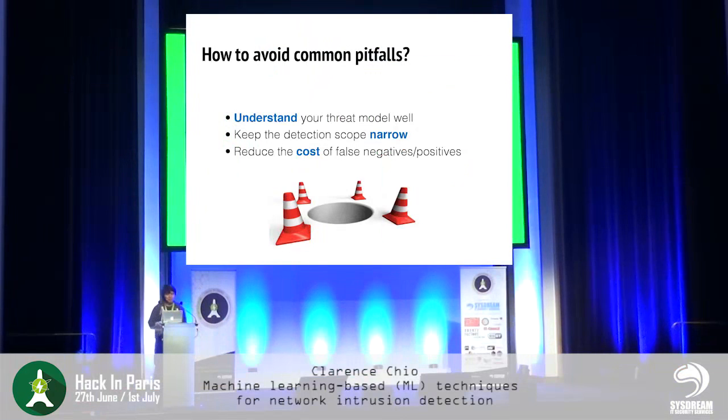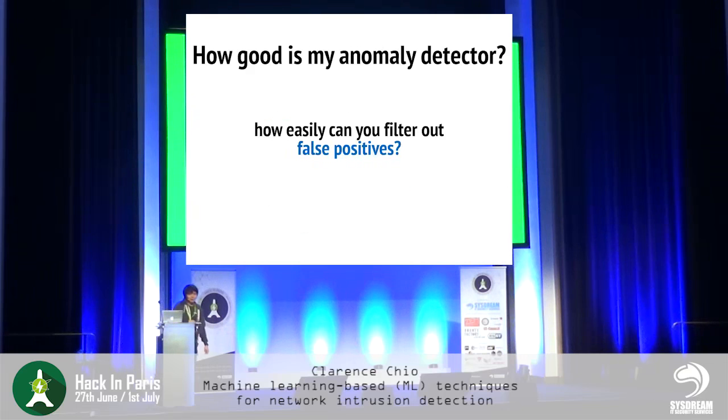So how you avoid common pitfalls is to first understand your model well, and then to keep the detection scope narrow. You have to reduce the cost of false positives and negatives, and then you can have hope of having good results from your machine learning anomaly detection. How good is your anomaly detector? How easily can you filter out false positives?